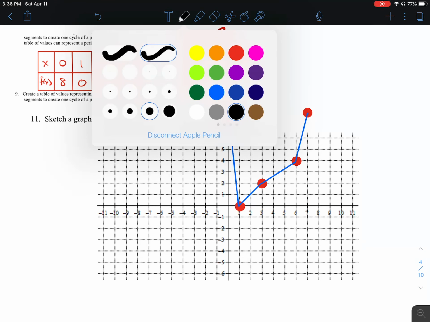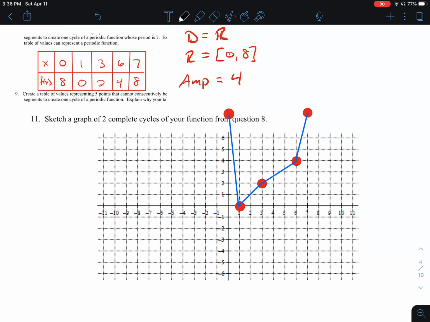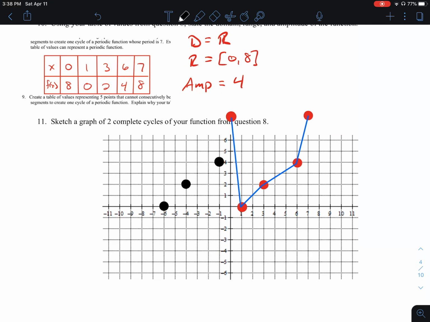So if I take 1, 0 and go to the left 7, I'm going to be here. If I take 3, 2 and go to the left 7, I'm going to be here. If I take 6, 4 and go to the left 7, I'm going to be here. If I take 0, 8 and go to the left 7, I'll be at negative 7, 8.